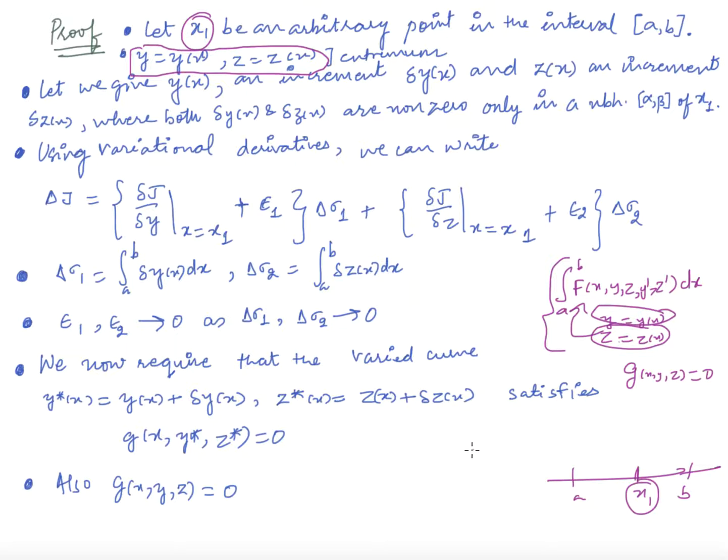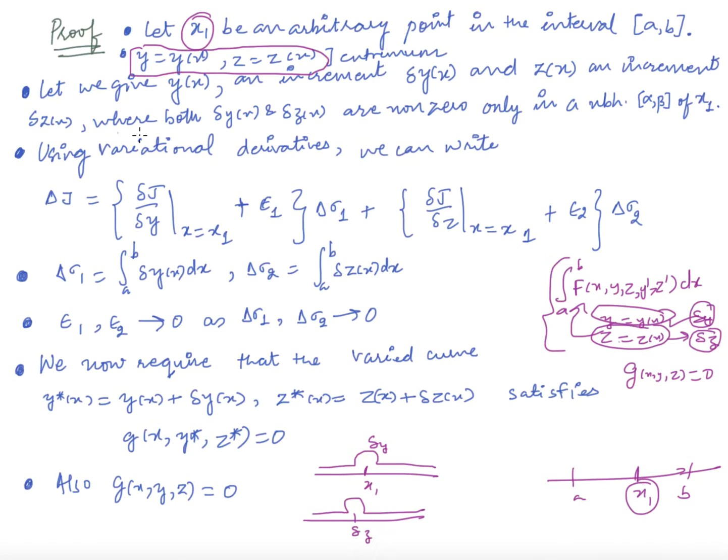Now give y of x an increment delta y and z of x an increment delta z. This delta y should be non-zero only in the neighborhood of x1, and this delta z should be non-zero only in the neighborhood of x1. So your delta y looks like this, and delta z looks like this, right?